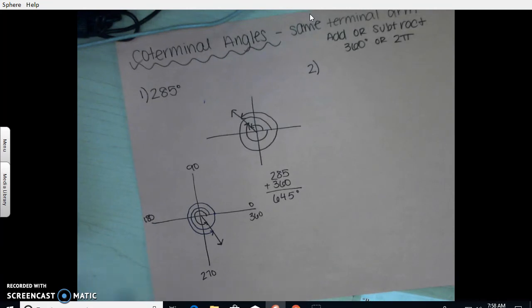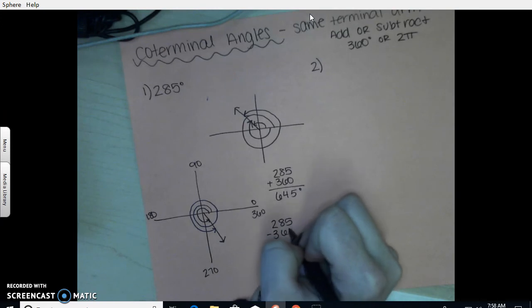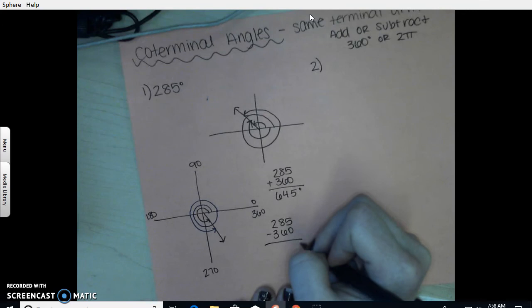I can also have a negative angle where I take 285 and subtract 360, which means I'm just going the opposite direction.